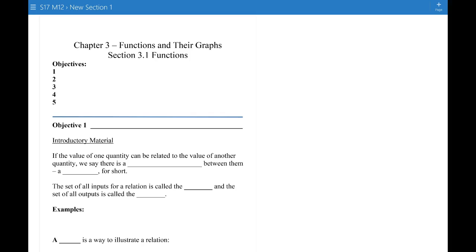Then we're going to find the value of a function. Find the difference quotient of a function, and this is a pre-calculus concept.